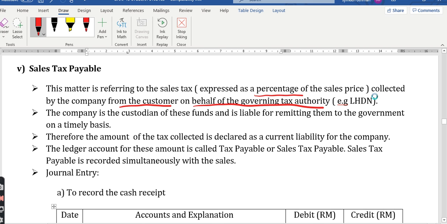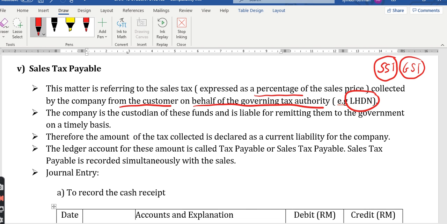For example, in Malaysia it is Lembaga Hasil Dalam Negeri. This is something like SST or GST. So this amount, a percentage of your sales, will be included in the sales price, but it needs to be paid to the authority or the government later on a particular date.